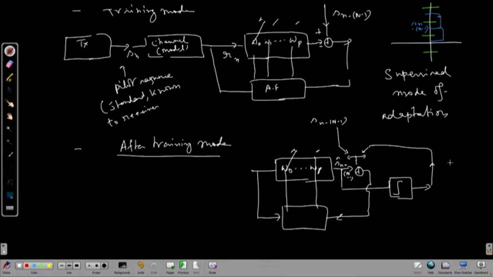Then after quantization, it will come back to the correct level. So, the correct level will come here. So, correct level minus its estimated thing. That error also we want to minimize. That is why this adaptation loop.